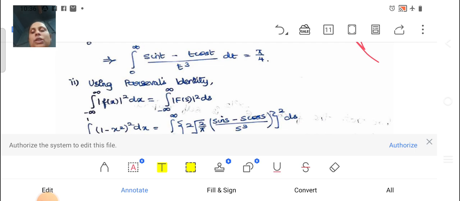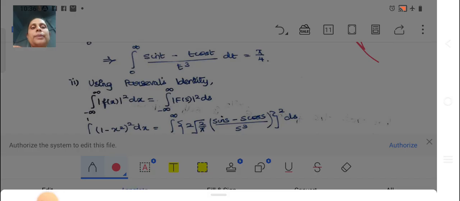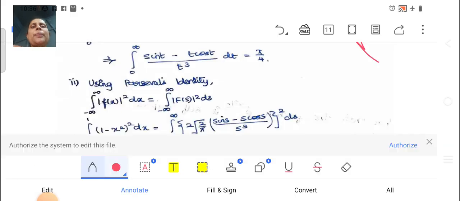Next we want to use the Parseval identity formula: the integral from −infinity to infinity of |f(x)|² dx equals the integral from −infinity to infinity of |F(s)|² ds. We substitute the values of f(x) and F(s) and apply the square term.